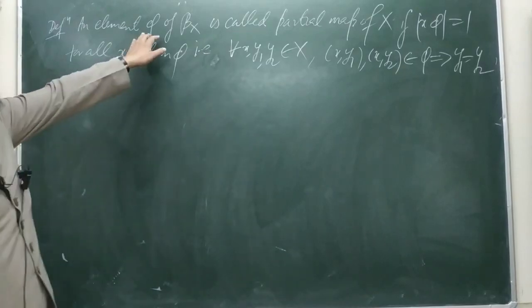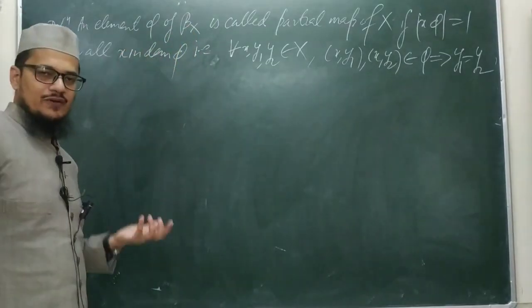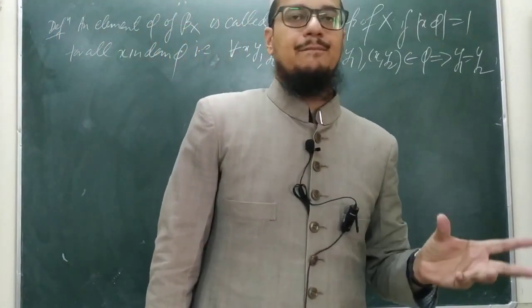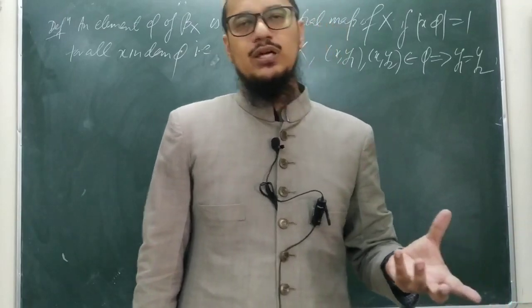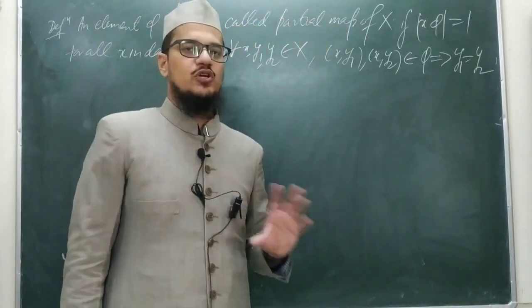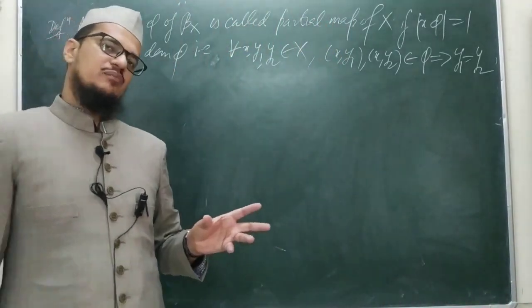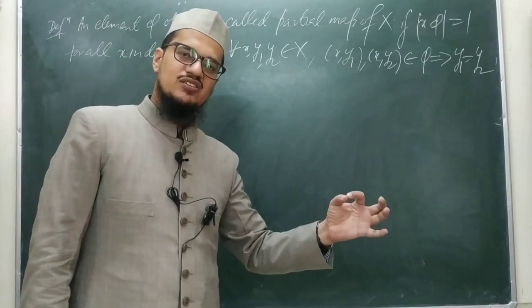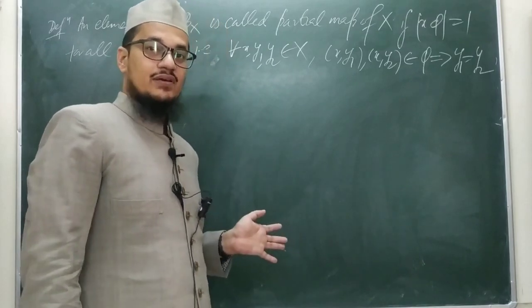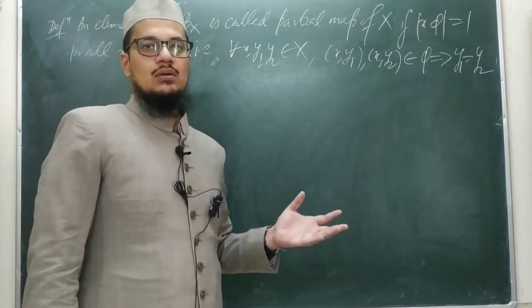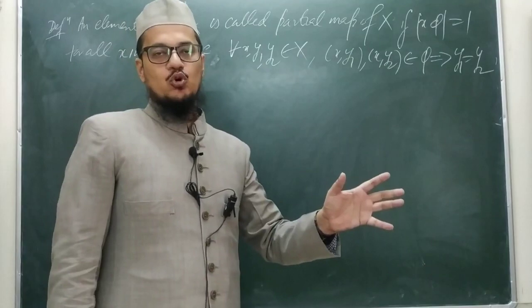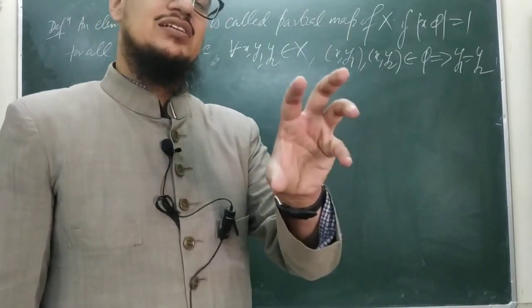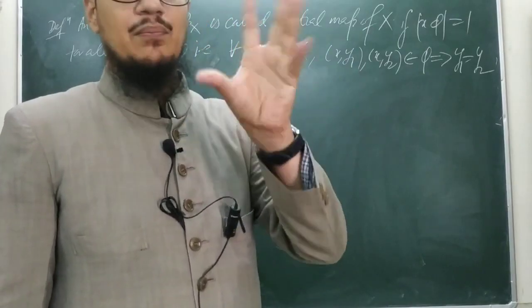So phi is a binary relation. All of you know that every binary relation is not a map, not a function. When two conditions are imposed, that every element of the domain has an image, with no element left in the domain without an image, and that image is unique, then we say such a binary relation is a function or a map.